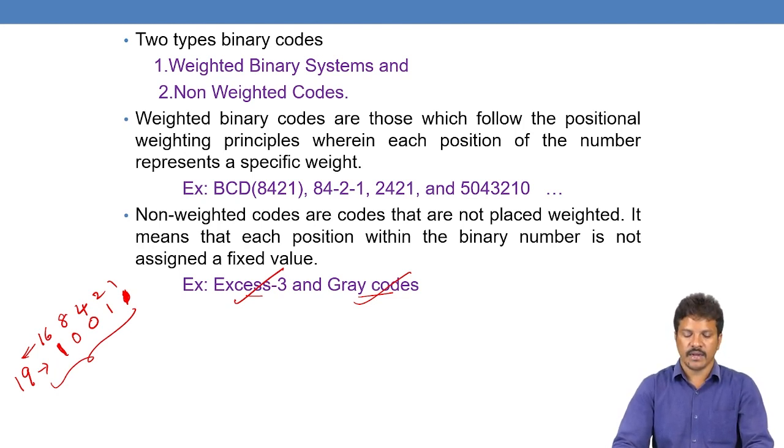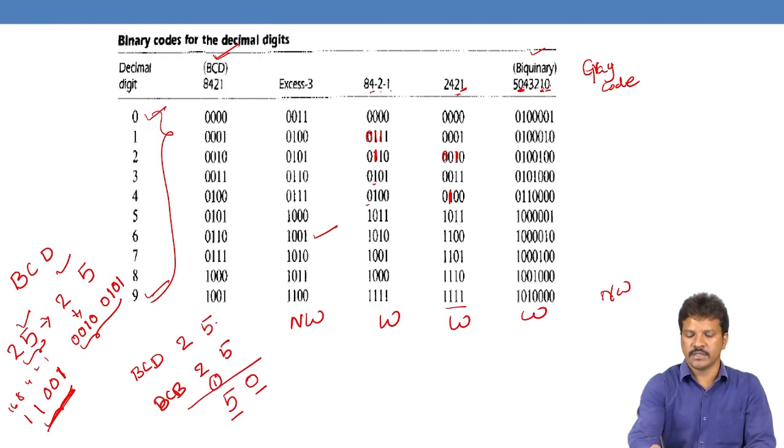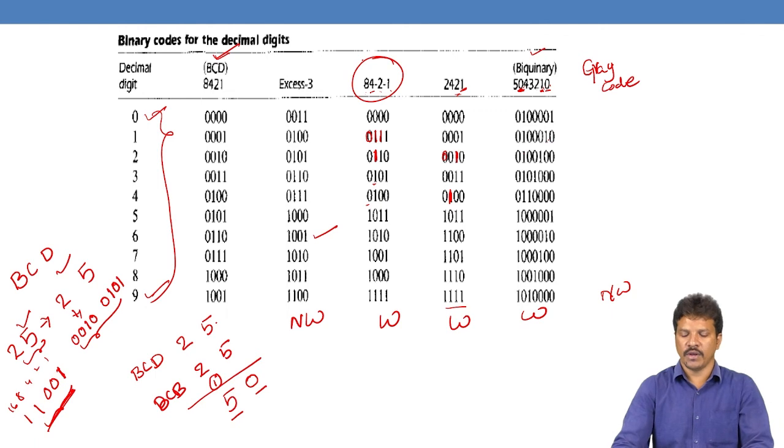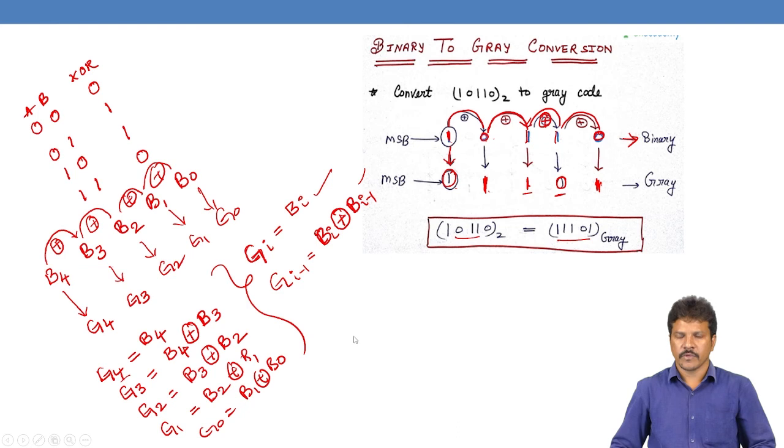In this way we can use binary codes in digital computers. In this case we used 8421 and 84-2-1, which means we can use negative number weights also for the weighted codes. With this I'm done with weighted codes.